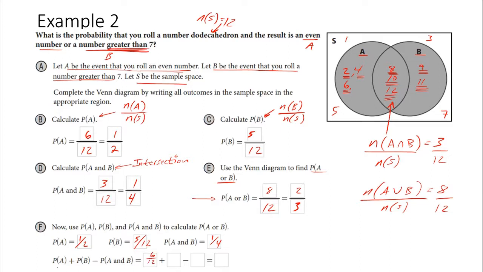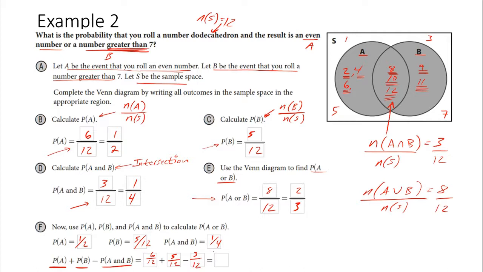So I'm rewriting the probability of A, which was 6 out of 12, plus the probability of B, which was 5 out of 12, minus the probability of A and B, which was 1 out of 4, which I'm going to write as 3 out of 12.